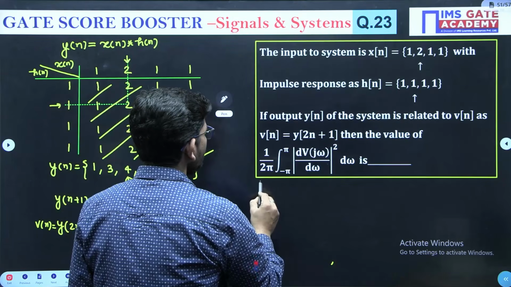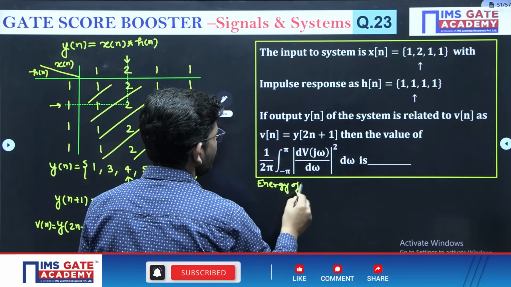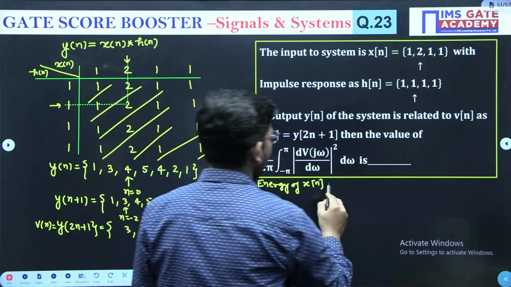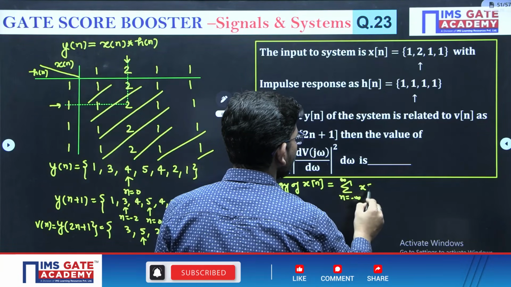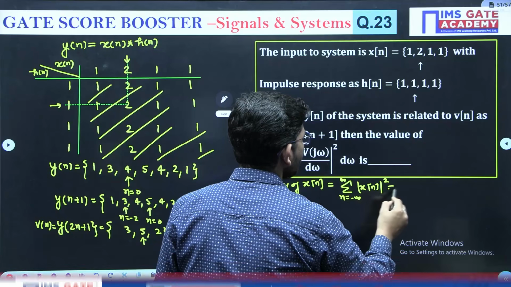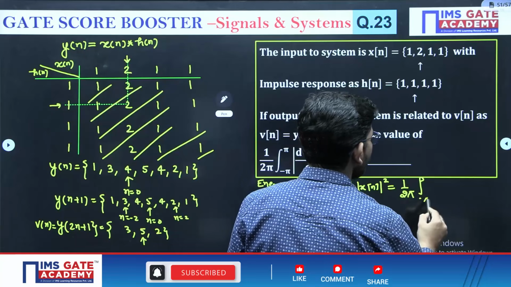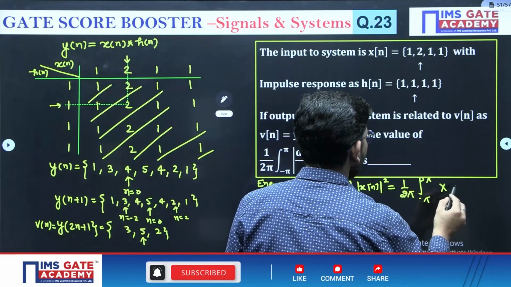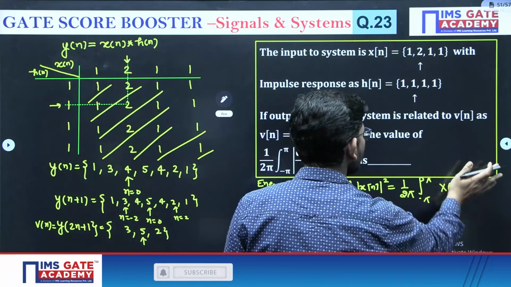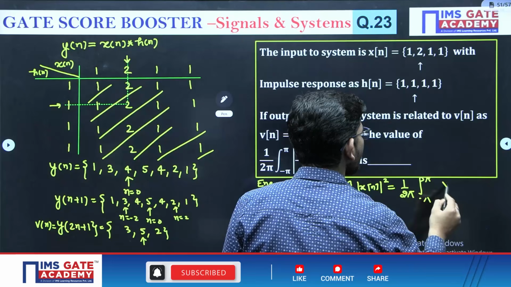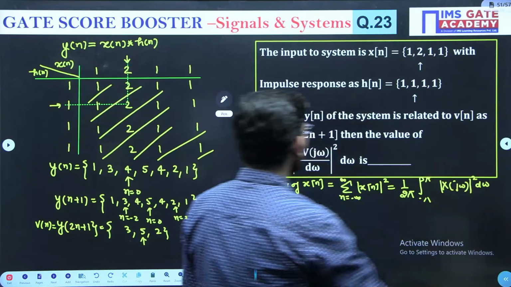So see, if I use Parseval's theorem, then the energy of x of n, which is the summation from n equals minus infinity to plus infinity of x of n squared, is equal to 1 upon 2 pi, integral from minus pi to pi of the magnitude squared of X of e to the power j omega, or simply X of j omega you can write, d omega.